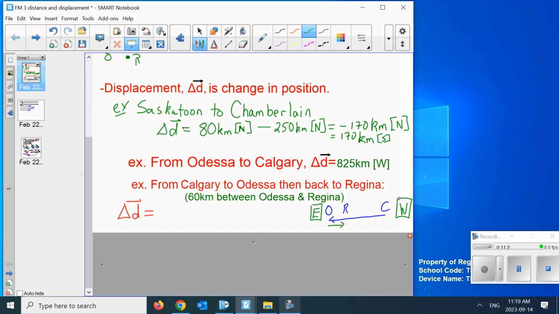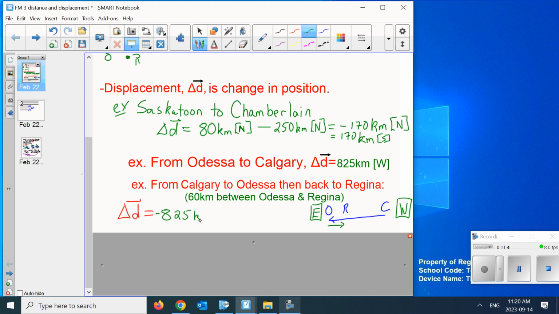Well, from Calgary to Odessa. From Odessa to Calgary is 825 kilometers west. So we know that it's gone east. Or negative. Sure. We'll use negative. So I'm going to use that 825 and put negative 825. And I'm not doing final minus initial. I'm just adding up the vectors.